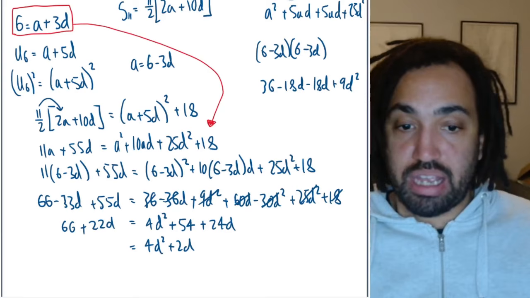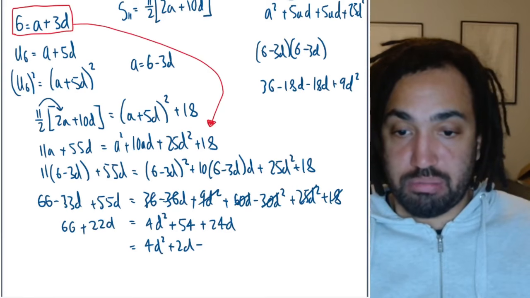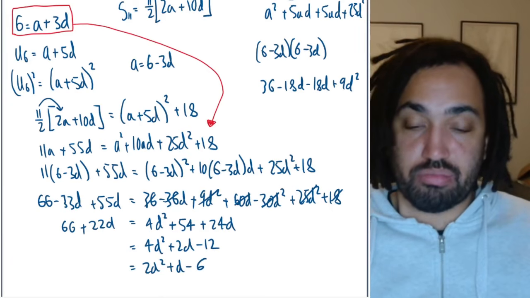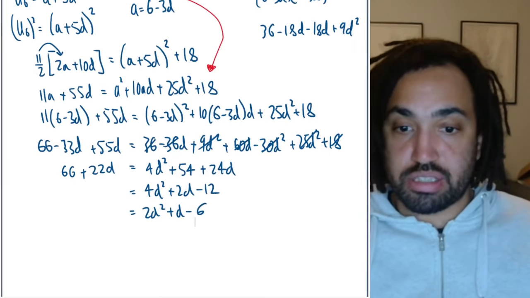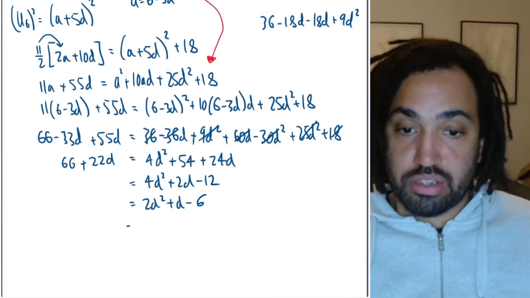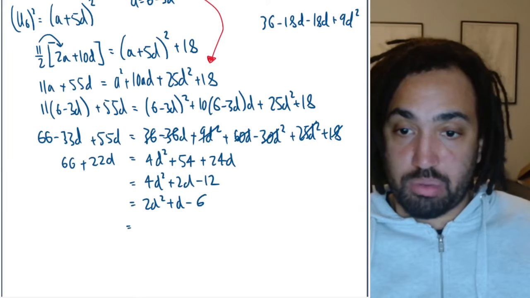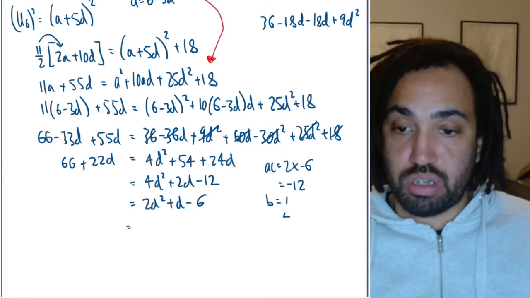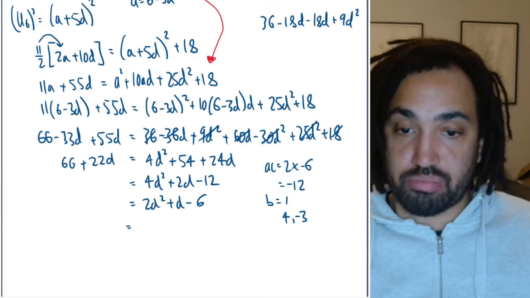And if we take away 66 from 54, we get minus 12. Okay, this can be divided through by 2, like this. And this can be factorized. So in doing so, we will have an AC of 2 times minus 6, which is minus 12, and we have a B value of 1, so our two numbers are 4 and minus 3.